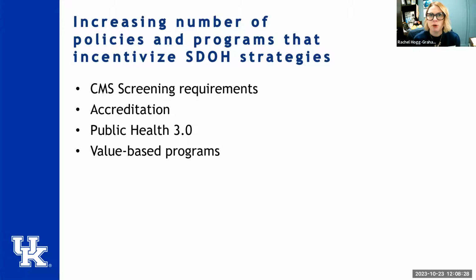Public Health 3.0 thinks about multi-sector systems and how clinical and community partners can work together to think about community context and addressing needs, and value-based programs that incentivize lower spending really have folks thinking about how you cut that cost curve and think about some of those other factors outside of clinical care that might influence things like readmissions and other types of hospitalizations.